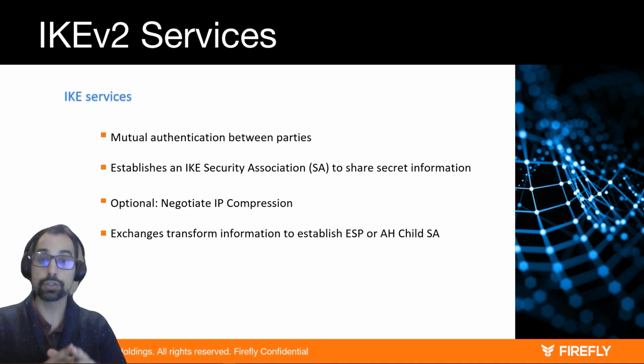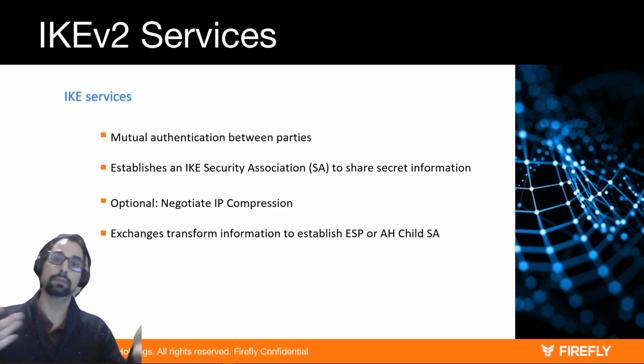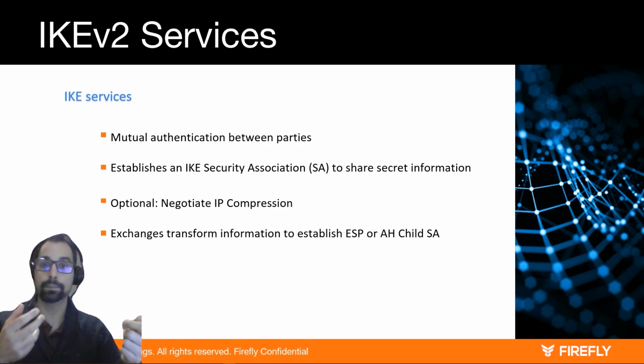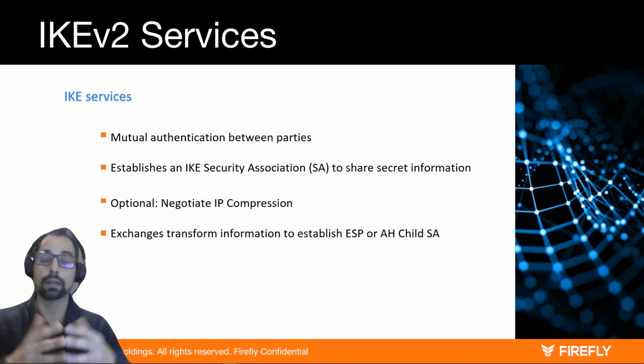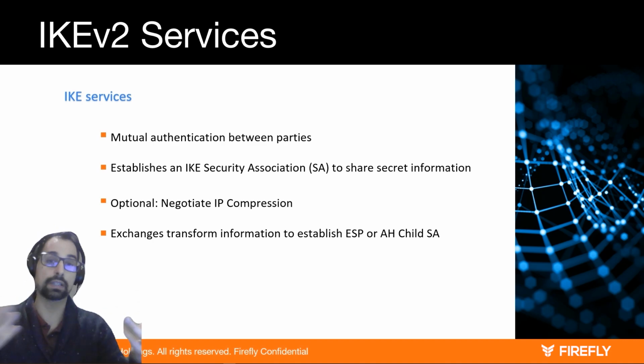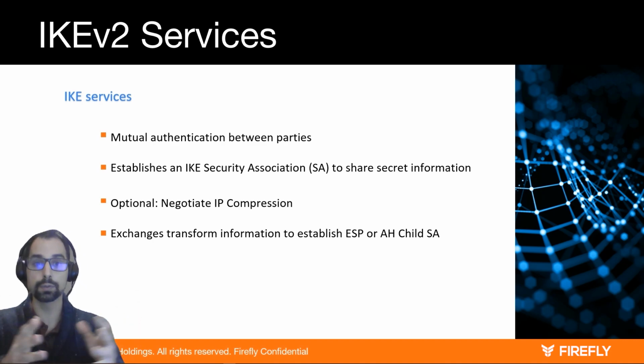Optionally, we can negotiate compression. So IKE not only can negotiate an IPsec session for encryption, but can also negotiate IP compression, to basically save bandwidth if you need to.